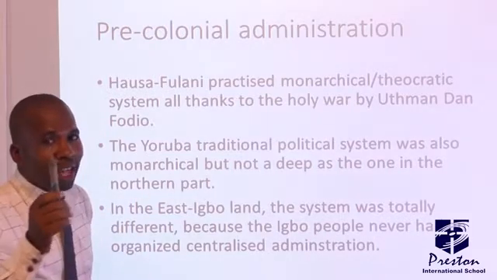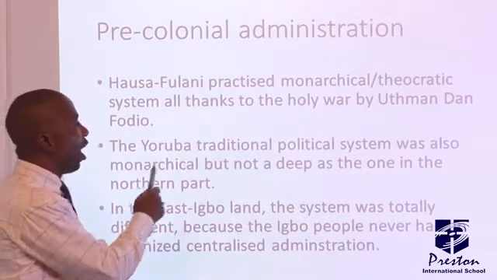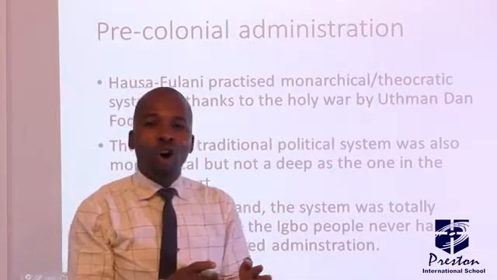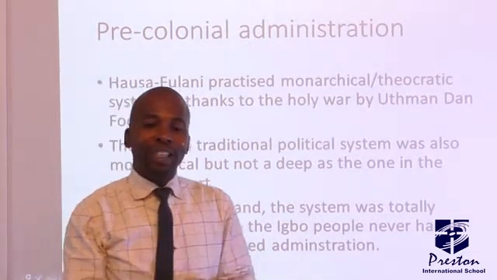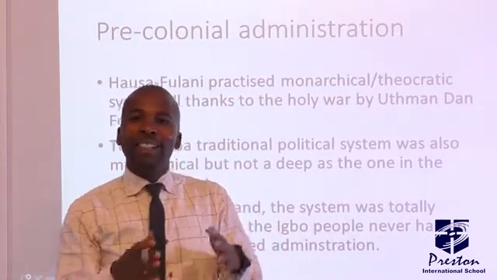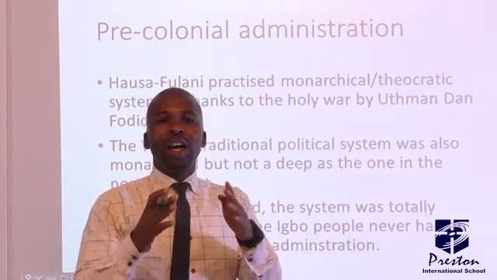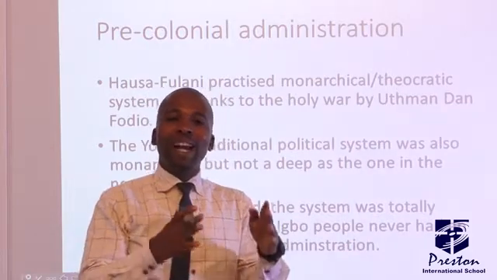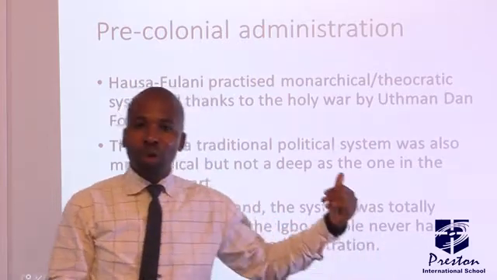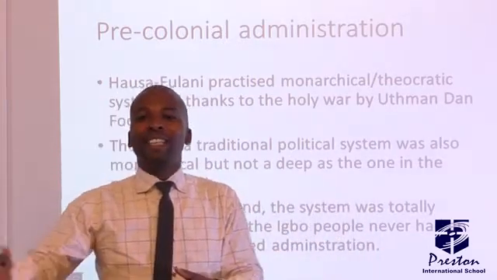All thanks to Usman dan Fodio in Hausa Fulani, who engaged in holy war. The holy war brought the establishment of a monarchical and theocratic system of government, and the Hausa Fulani was divided into two emirates. One was administered by the brother of Usman dan Fodio, and the other by the son.